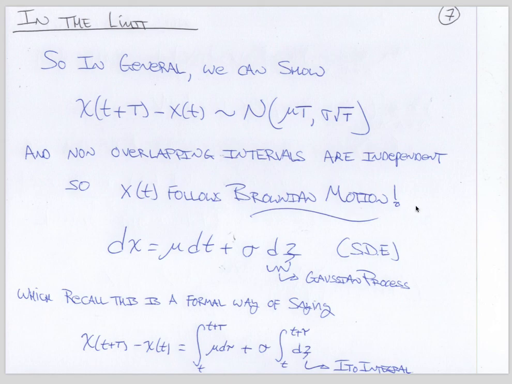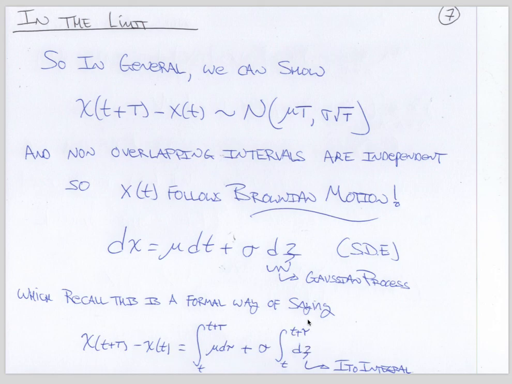So it follows that x of t follows Brownian motion, meaning that we have this sort of fictional stochastic differential equation. The reason I say it's fictional is because it's really just a formal way of actually saying this, which we can actually define mathematically. This is equality in a mean square sense, and this is the Ito integral, which is very much like a Riemann integral, but we have random increments.